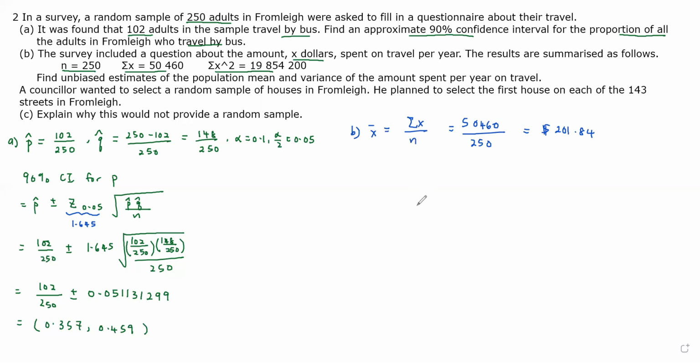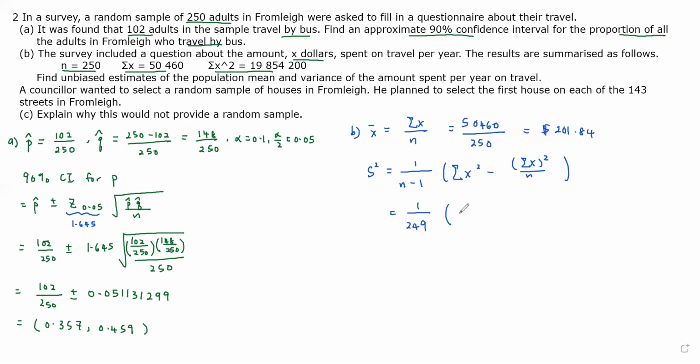Unbiased estimate for the population variance, that is the sample variance. And we can just use the formula in the formula sheet, or you can just remember this. That would be 1 over N minus 1, sum of X squared minus the square of the sum of X over N. N is 250, that should give us 249.